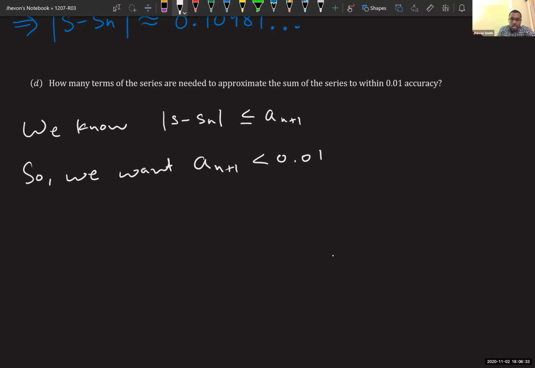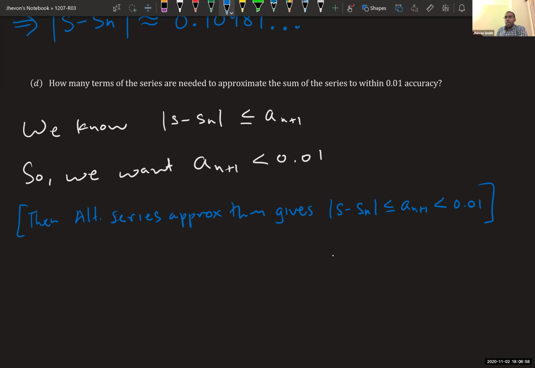Because that would guarantee, then the alternating series approximation theorem gives that the difference in S, which I know is less than or equal to a_{n+1}, is going to be less than 0.01. So I can actually guarantee how good the approximation is by just finding the term that will make the approximation work. Just focus on the a_{n+1} guy, so the n plus first guy.